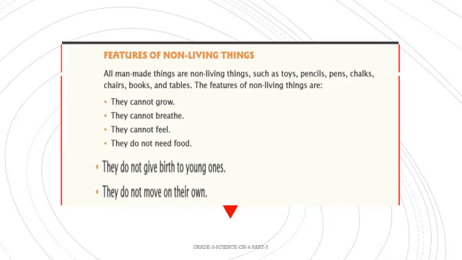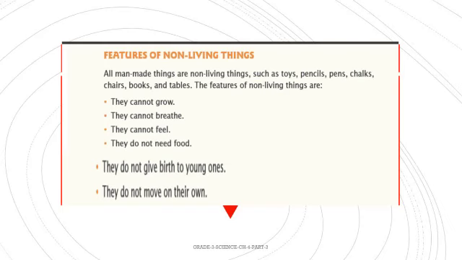Which are the features of non-living things? Let us see. All man-made things are non-living things. That means whichever things or whichever substance or object which man is making are non-living things. Certain examples are given such as toys.